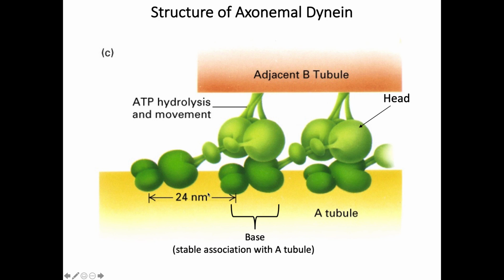Now what you are looking at gives you a more clear idea. You have this base right here, which is a stable association with the A tubule that we saw. On the other hand, the head attaches to the adjacent B tubule, and this is with ATP hydrolysis. This attachment is not permanent, so this will move.